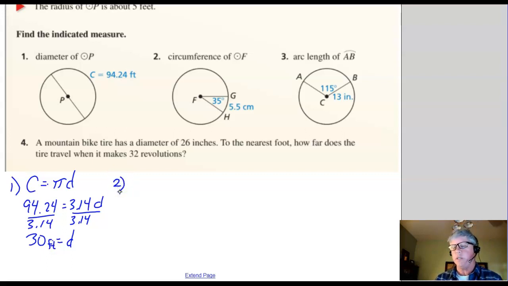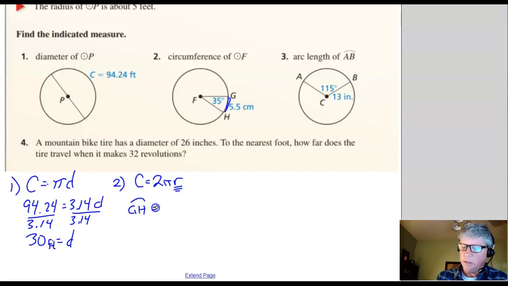So number two is looking for the circumference. If we know the radius or the diameter, we can find it. So the circumference is equal to 2 pi r. Our goal here is to figure out what r is. Well, what do we know? We know this little section right here is the arc length, and the arc length GH is equal to theta over 360 times 2 pi r.